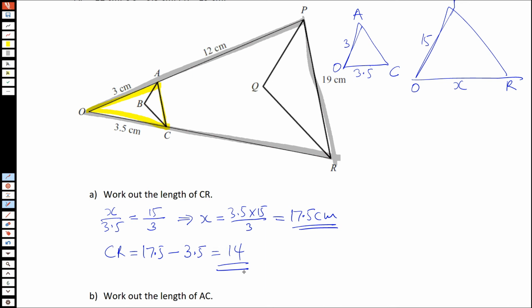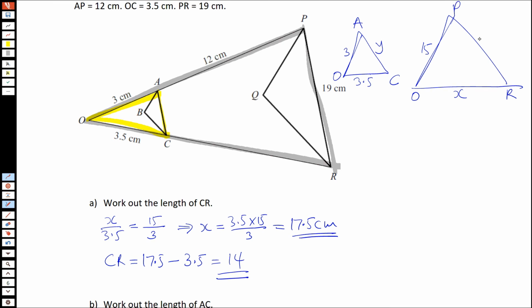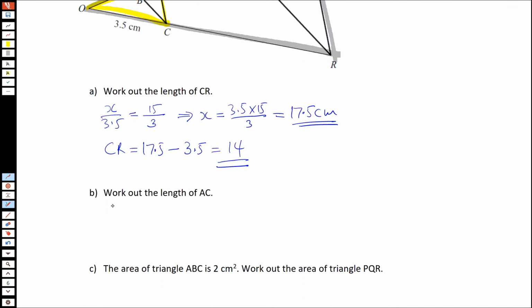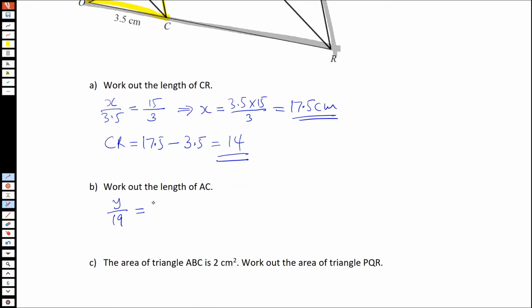And now part B, find AC. To find AC, let's just label it Y. If you use those two triangles, Y over 19, and by the way, this is 19, so Y over 19 should be equal to 3 over 15, which implies that Y will be equal to 3 multiplied by 19 over 15.